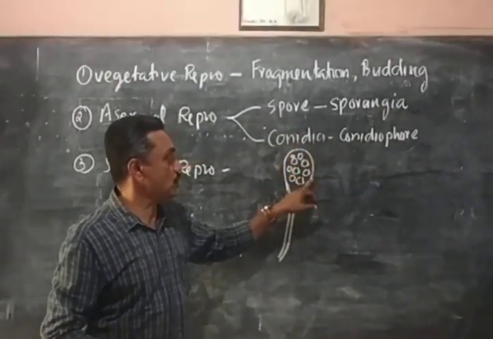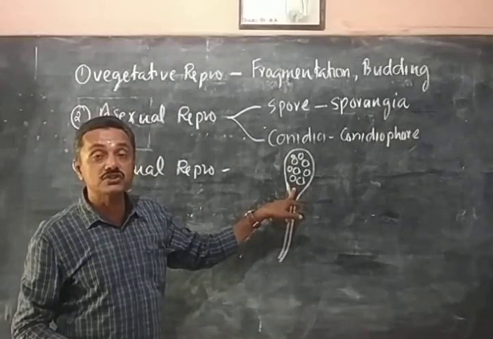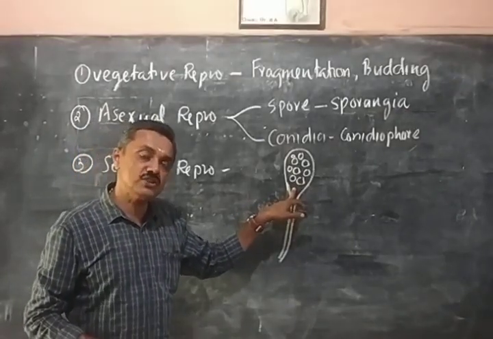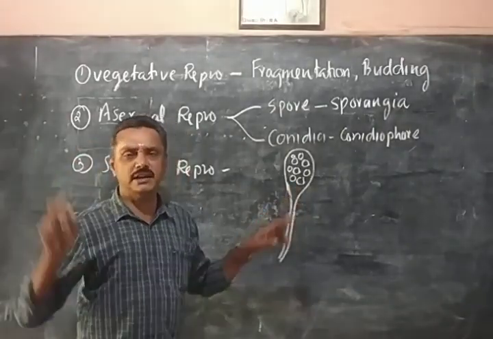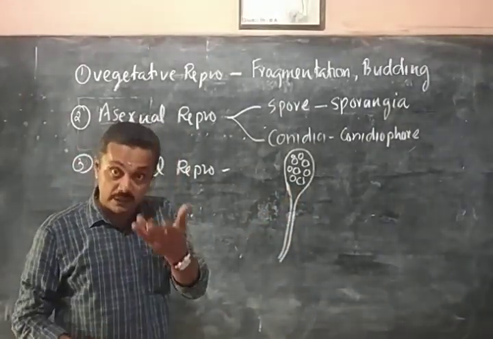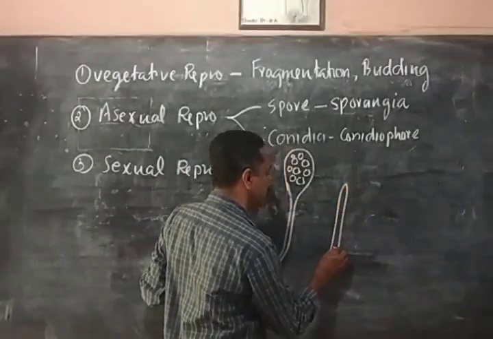This balloon-like structure is called what? Sporangia. Inside that, spores are formed, which are minute microscopic structures with yellow, brown or red color. Different colors are present everywhere in the atmosphere. In some other fungus, structures are formed like that.